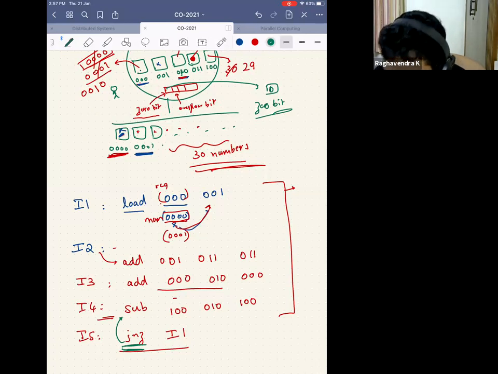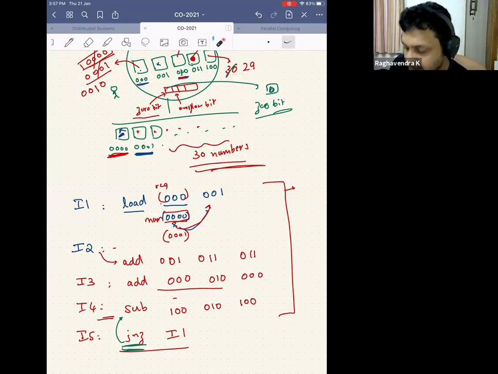But if the 0th bit is 0, let's say the first time the subtract happened, this 30 was converted to 29, which means was the resultant of the subtract instruction 0? No. So what does the 0 bit have now? 0.